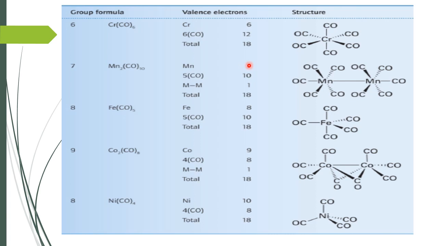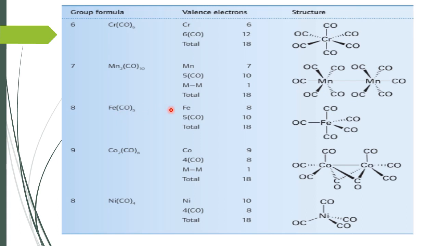So 7 plus 7 is 14, and there are totally 10 carbonyl groups, which contribute 20 electrons, and the metal-metal bond contributes 2 electrons, so the total becomes 36. There are two metal centers, hence 36 divided by 2 gives 18. We can calculate for either binuclear or mononuclear.